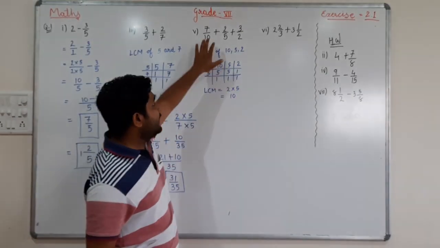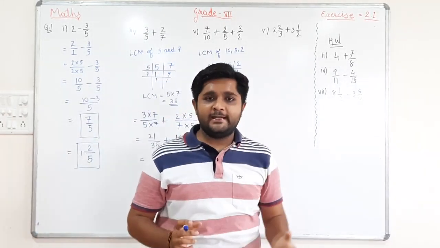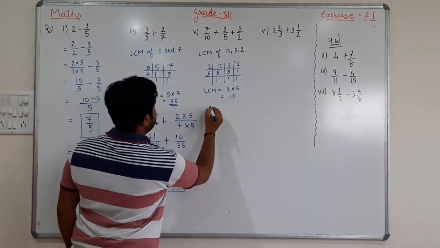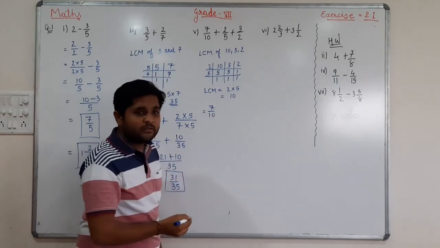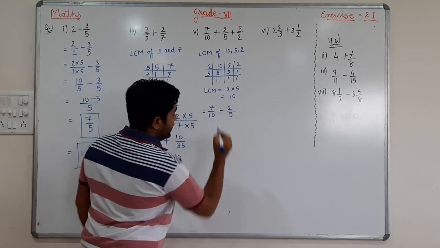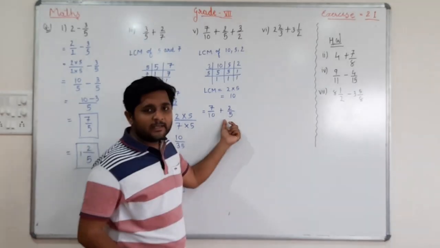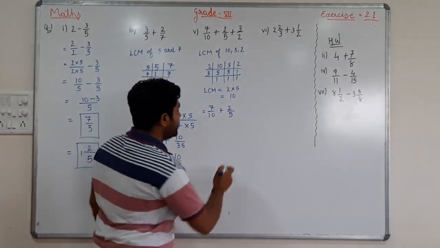So now in all the fractions we want the denominator as 10. So let me start. 7 upon 10, here 10 is already present, plus 2 upon 5. In the denominator here 5 is there, but we want 10. So 5 multiplied by 2 is 10.